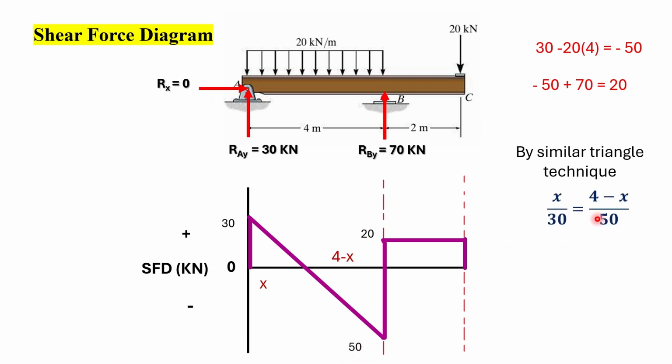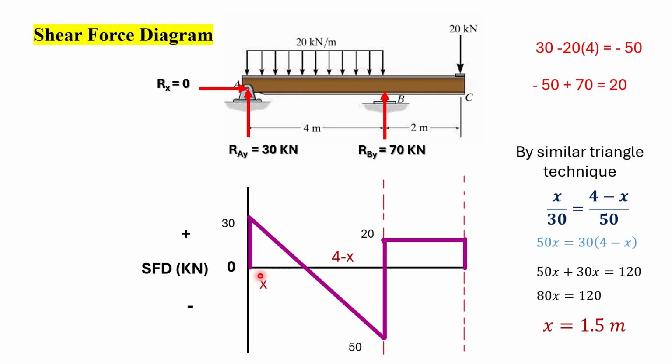So here you can see that the base of this triangle is x divided by the height of that triangle, which is 30, is equal to the base of this triangle, which is 4 minus x, divided by the height of this triangle, which is 50. So after cross multiplying and doing the calculation we will find the value of x, which is 1.5 meter.